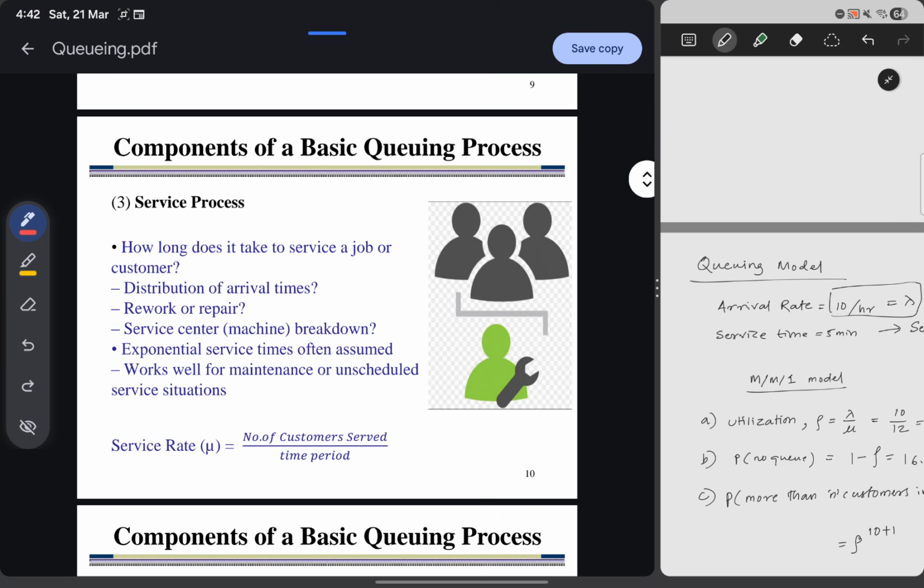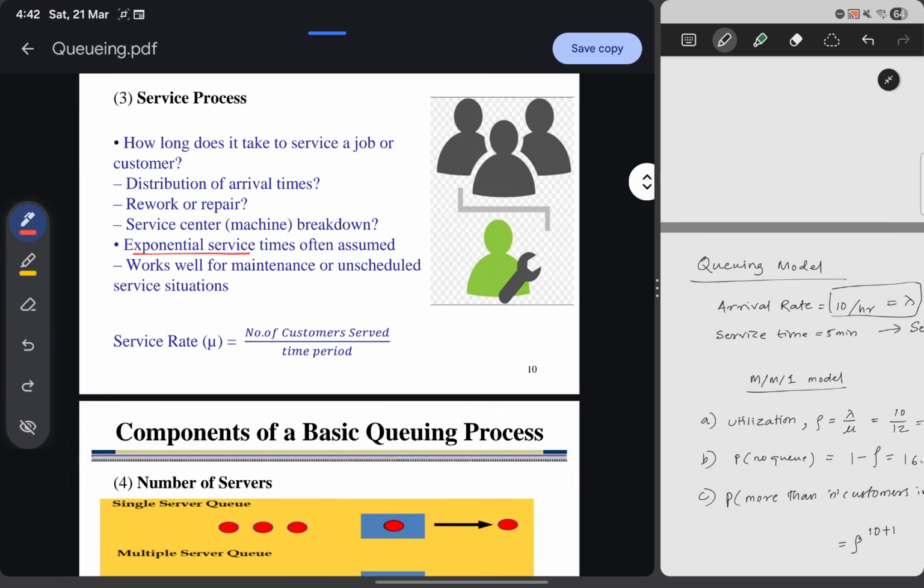So there are four different servers, and the number of customers getting served per time period, let's say per hour, is your service rate. That always follows an exponential distribution. And your arrival is always Poisson. You just remember these two things.